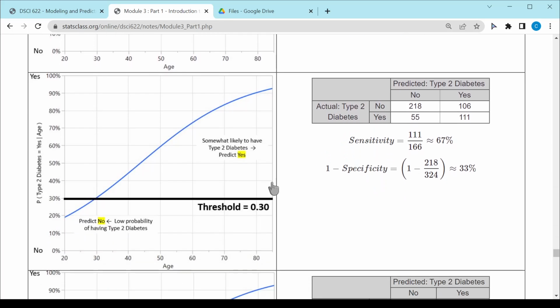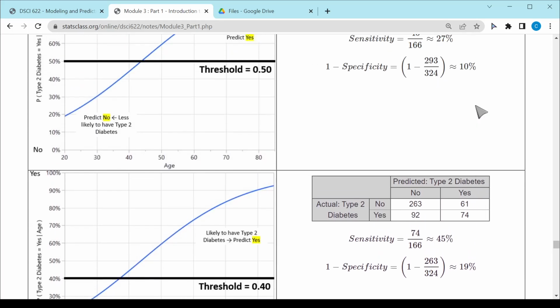If I decrease it even more, so let's move that threshold down to 30%, I can see that my sensitivity is now up to about 67%. So of those that had diabetes, I am now predicting them to have diabetes 111 times out of 166. However, I'm also predicting more. I am also increasing my false positive rate.